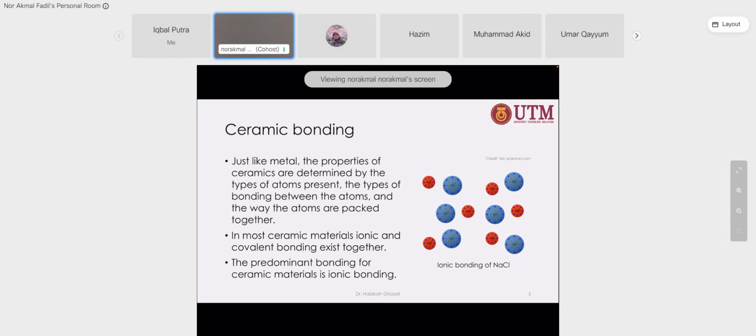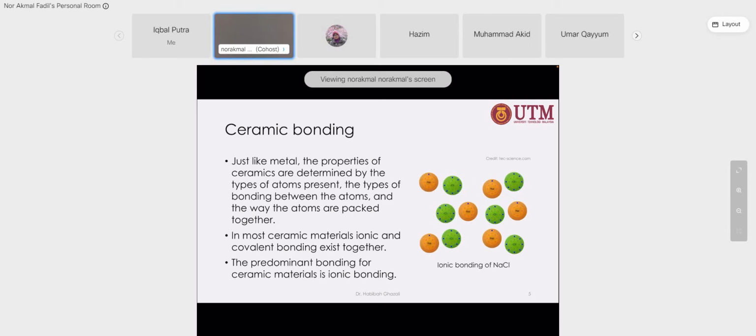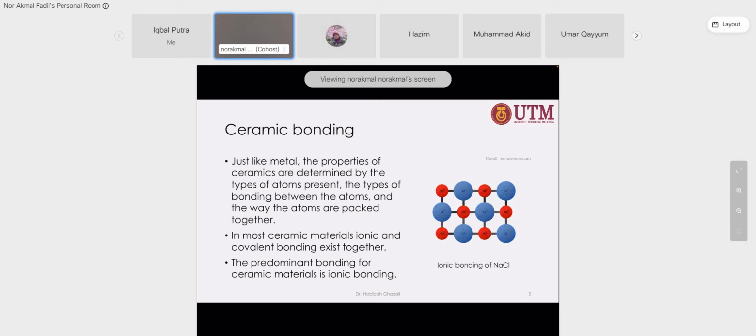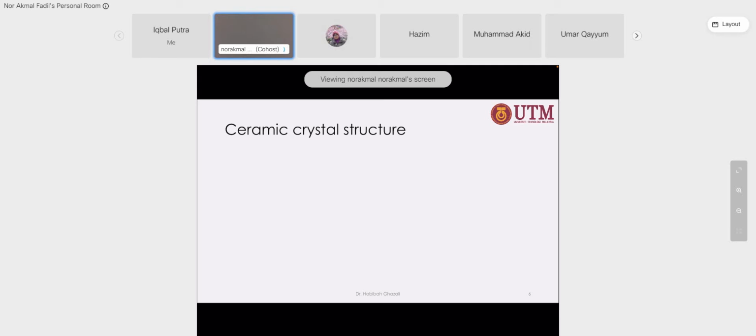So this is an example of ionic bonding. We have sodium and chlorine, and when they bond, they form a crystal structure. Sodium chloride, NaCl, is ionic bonding. Right, the crystal structure.